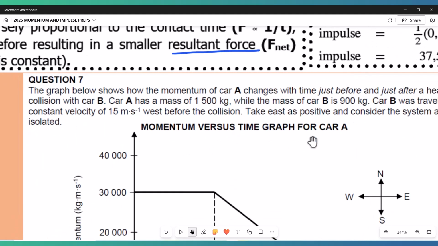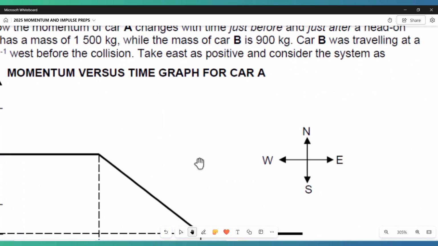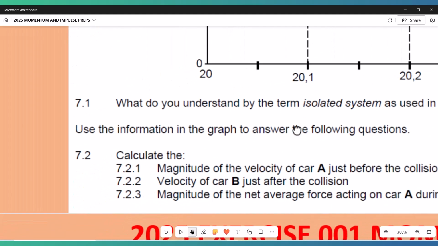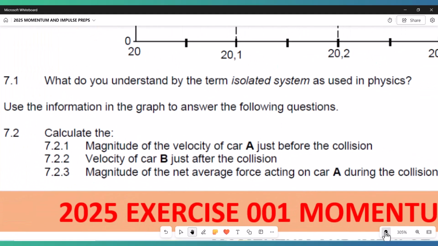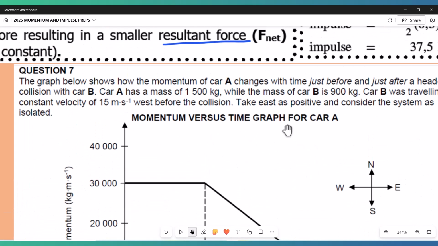Now our last example for this lesson goes like this. So we have this question here. What does it say? Let's check it from the start here. Hope you guys can see this.